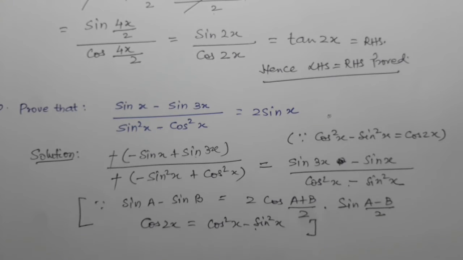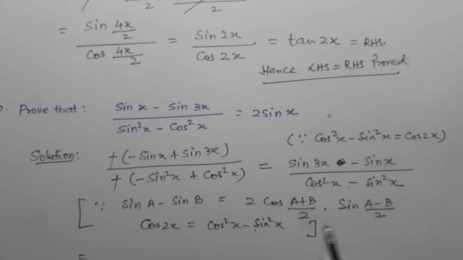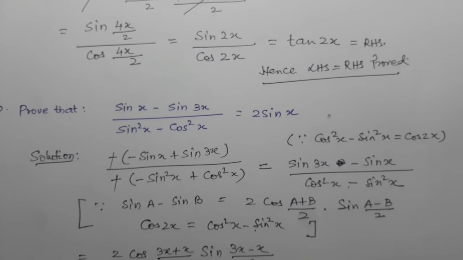Okay, so this will become, sin 3x minus sin x will be 2 cos (A plus B, means 3x plus x) divided by 2 into sin (A minus B, means 3x minus x) by 2 divided by, this became cos square x minus sin square x.